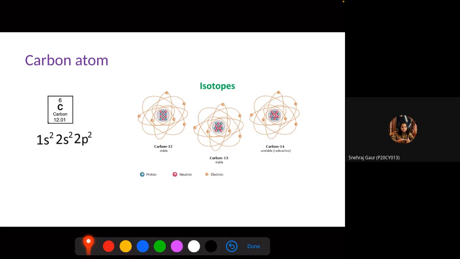Carbon isotopes also exist, and they are normally used, since they are radioactive, for carbon tracing. You can trace the age and so on in archaeological surveys as well.